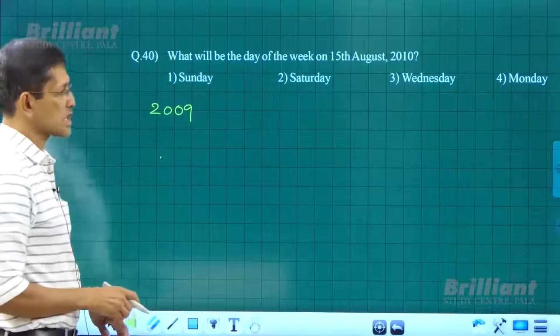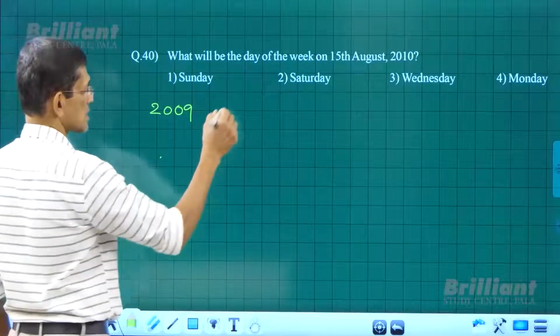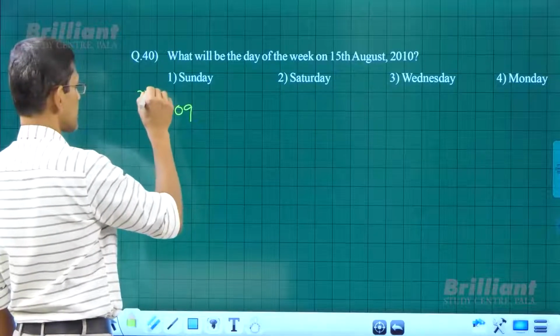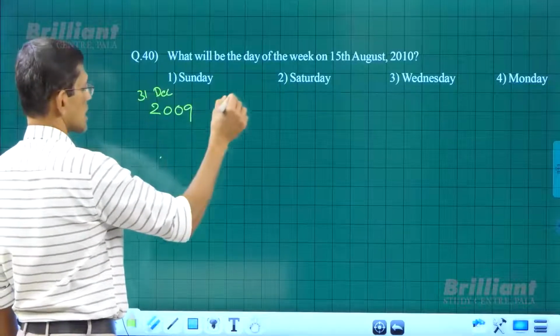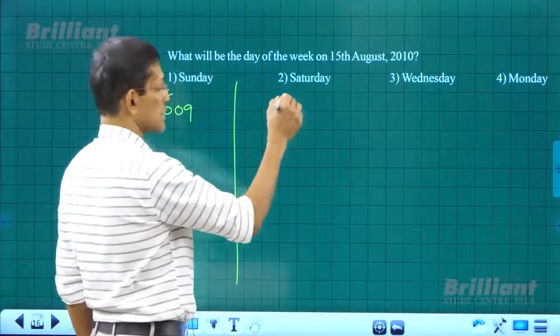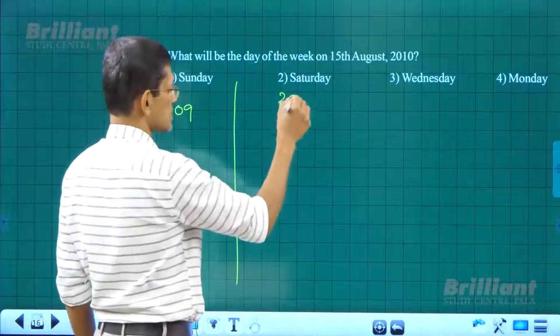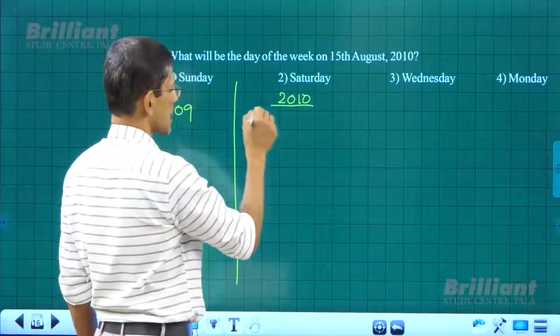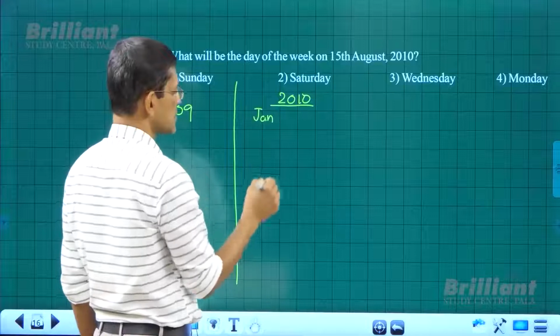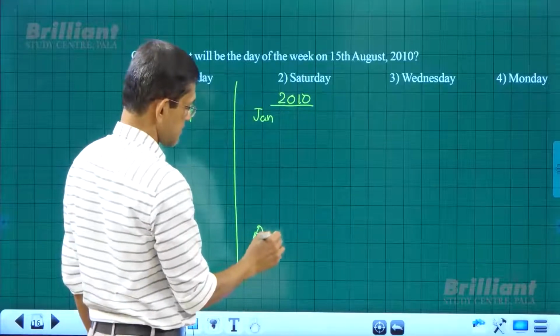The year 2010 is not really completed. So that means we are on 31st December 2009. The next year we have is 2010, right? After 31st December 2009, we have 2010. So in 2010 we have from January to August 15th.